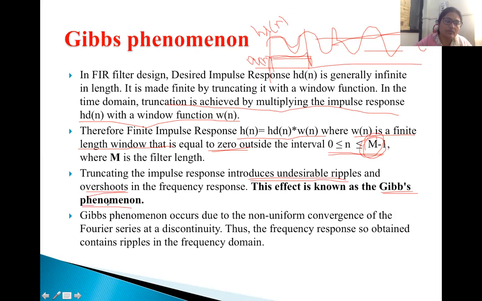This effect is called the Gibbs phenomenon. The Gibbs phenomenon occurs due to non-uniform convergence of the Fourier series at a discontinuity.